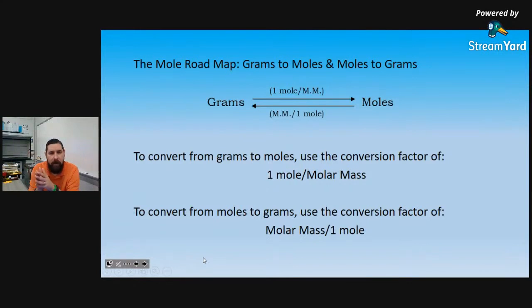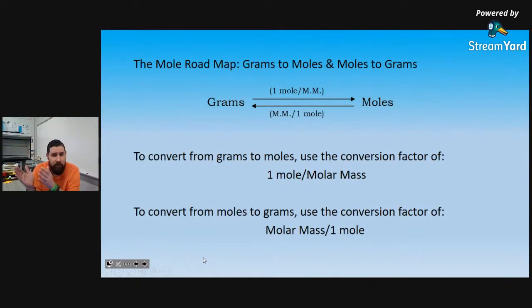The reason is our starting amount is given in terms of grams, and our molar mass is always in grams per mole, but we're inverting that ratio so that we've got 1 mole per that molar mass in grams. This way, the units on our starting amount will cancel out with the units of the molar mass in the conversion factor, and you're left with an answer in units of moles.